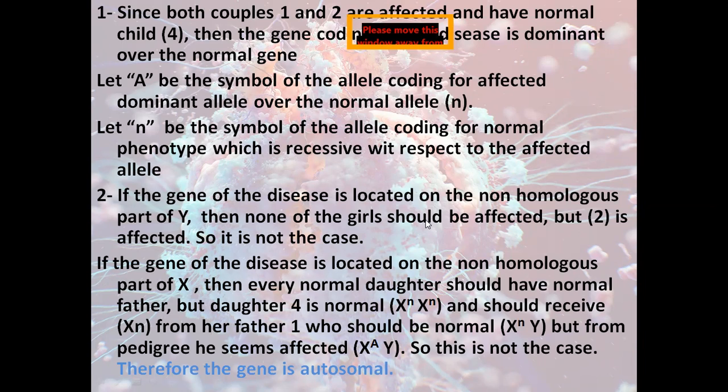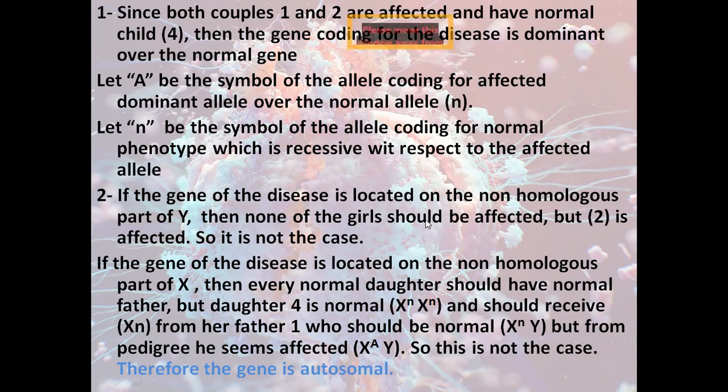Okay, so you have to pay attention to this. So every normal daughter should have a normal father, but daughter 4 is normal and should receive Xn from her father 1, so he should be normal. But from the pedigree, he seems to be affected, so it's not the case.